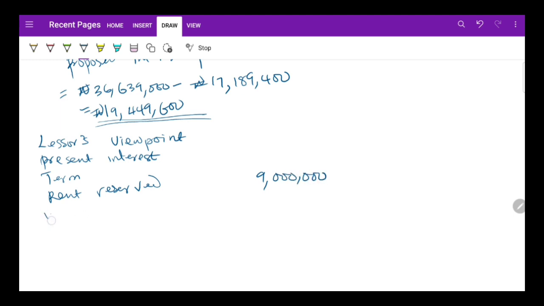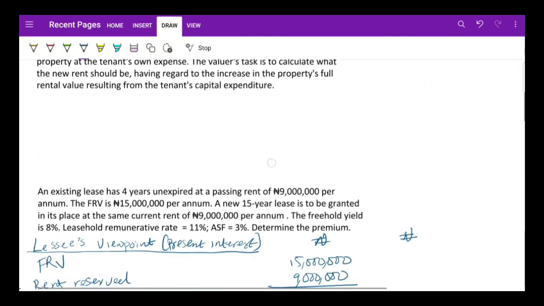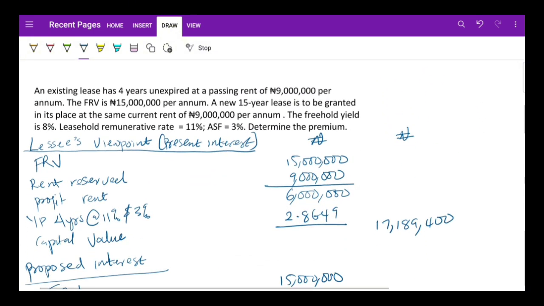And then we do YP 4 years at 8%. Okay, so we are using 8% because the question stated clearly here that the freehold yield is 8%.